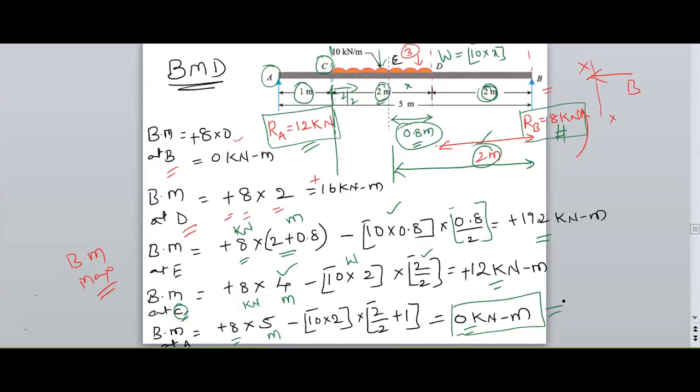If I am not getting 0 at this location, then RA and RB are the wrong values you have calculated. It needs to be 0 because we considered it as 0 initially. If it does not come, you can confirm that you made a mistake in RA and RB.